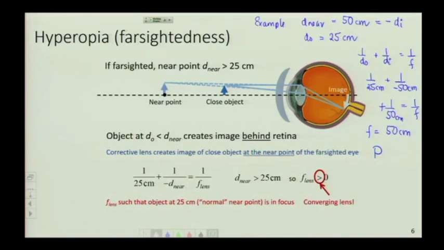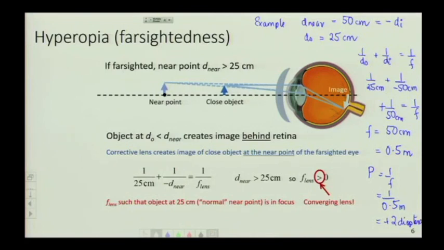So you write 50 centimeters as 0.5 meters, 50 times 1 over 100 centimeters. Then P is equal to 1 over f, which is 1 over 0.5 meters. So it's plus 2 diopters.